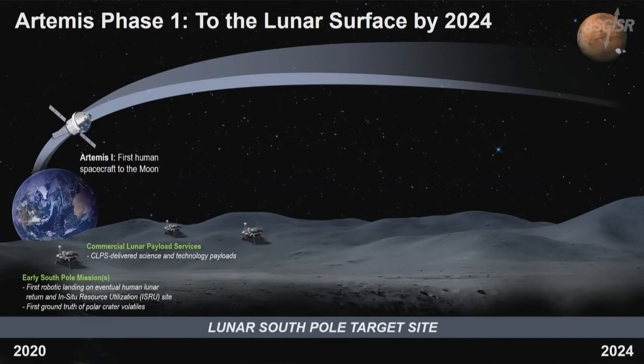That first launch will be uncrewed, sort of like an Apollo 8 mission to the moon, where we'll launch this uncrewed Orion capsule, orbit the moon very quickly, return, and be able then to ring out the system.